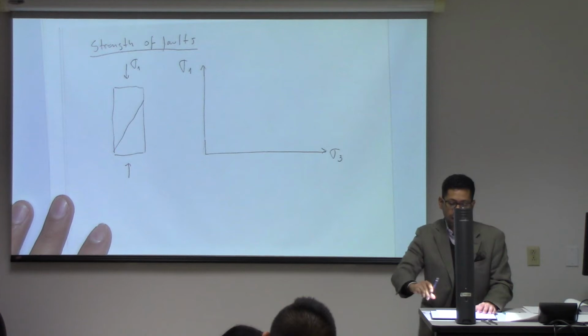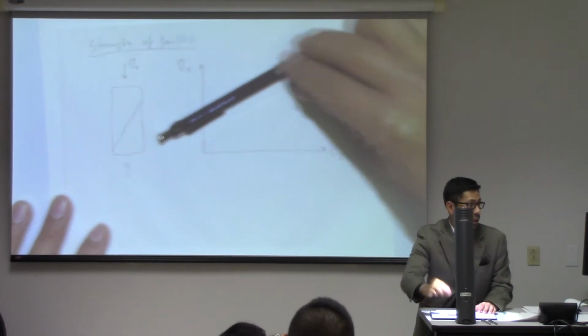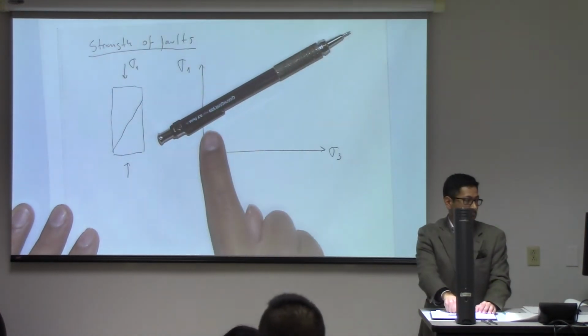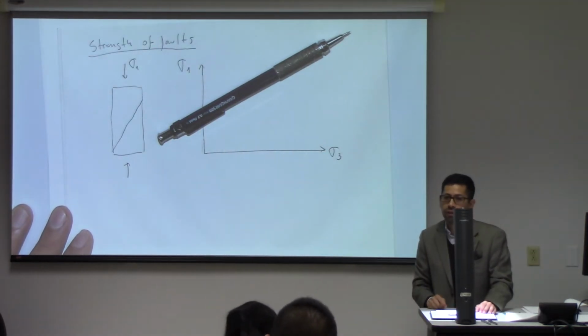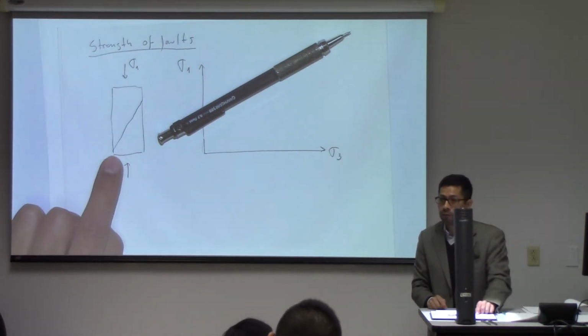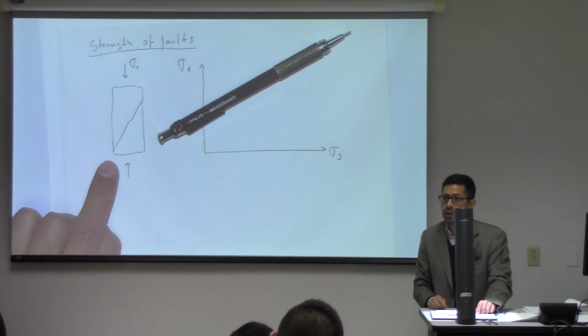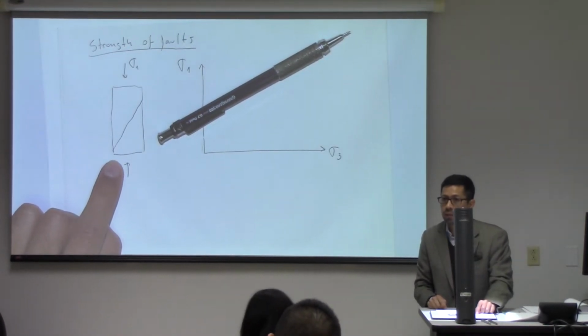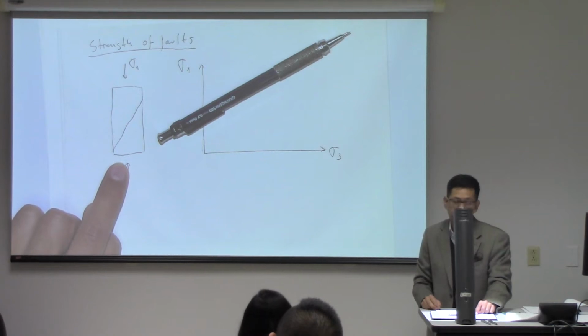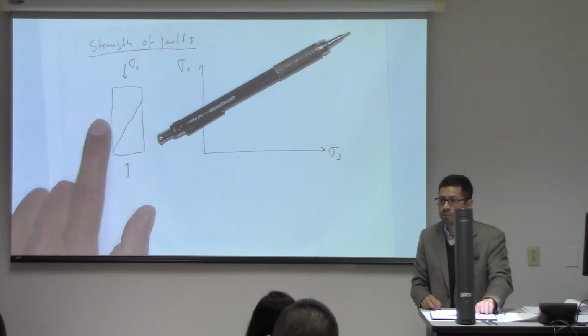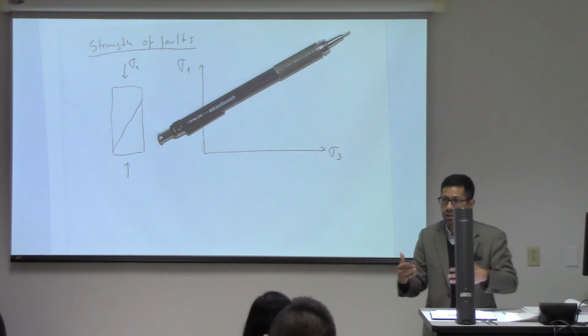So you remember here we have a line. Usually the intercept is going to give you the unconfined compression strength, and the slope is going to give you a friction coefficient. So if I have a block which is already broken, the unconfined compression strength is going to be 0, right? There is no unconfined compression strength as long as I don't have any stress in the other direction.